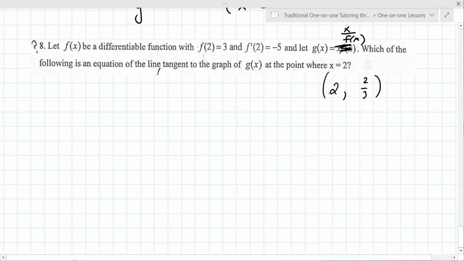Okay. Good. And then it's quotient rule, right? Yes. So bottom times derivative of the top, which is 1, minus the top times the derivative of the bottom.